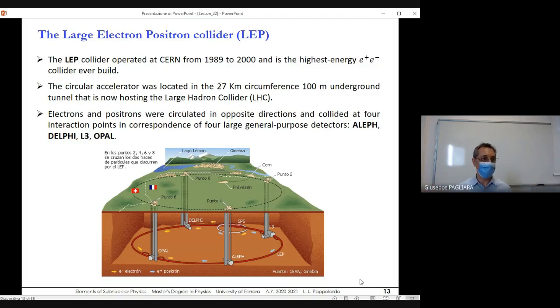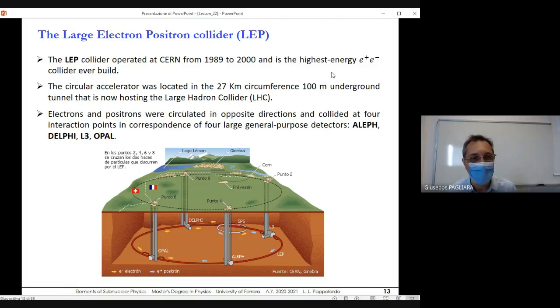So what you need is a high energy because you want to produce a lot of W and Z, but also clean processes. So this was the idea to construct the LEP collider, the electron-positron collider at CERN, which operated from 1989 up to 2000, so up to 20 years ago, essentially. And it was indeed the highest energy electron-positron collider ever built, still.